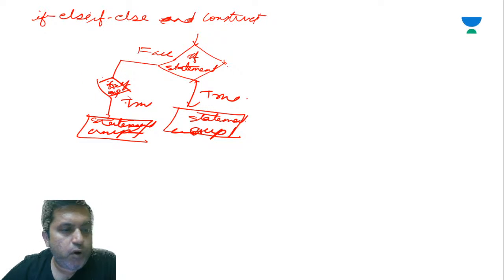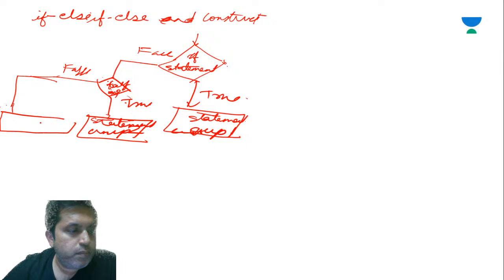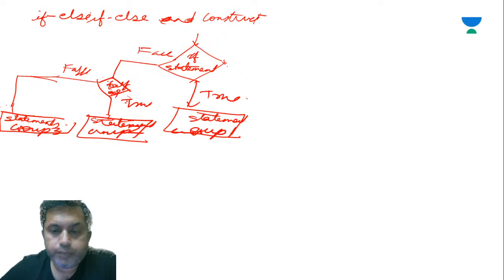Okay, if this is false, statements group 3, and this is the end of the program.